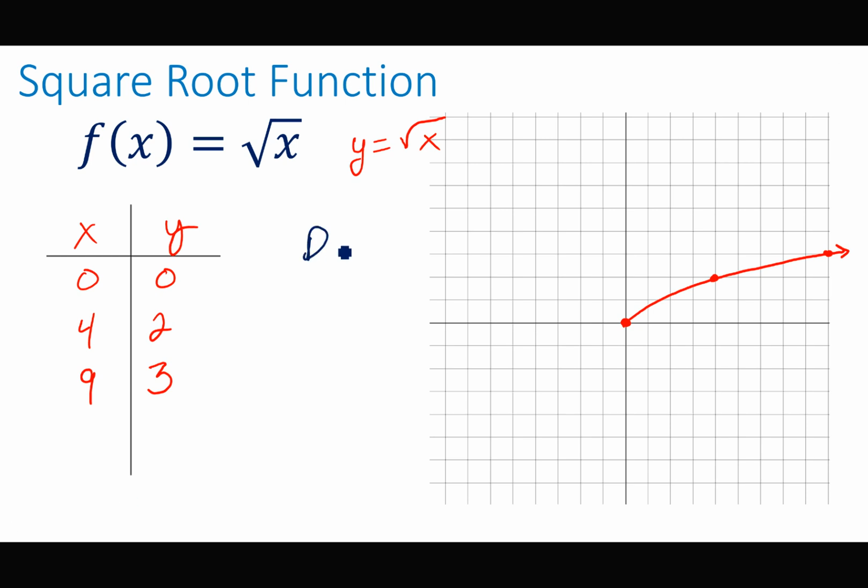So on this one, my domain, I want x values that are greater than or equal to 0. Can't have anything less than that. And my range are going to be y values that are greater than or equal to 0. I'll never have a negative y value, and I'll never have a negative x value.